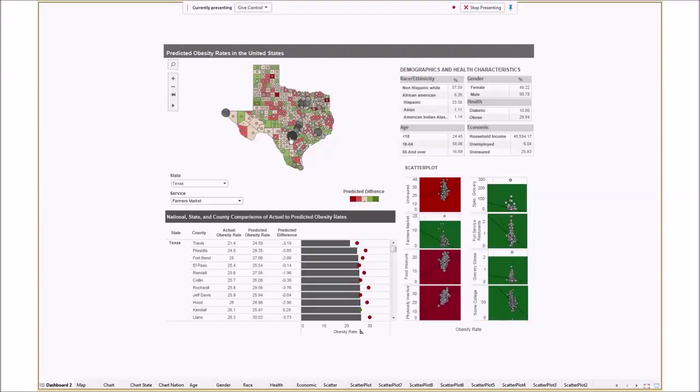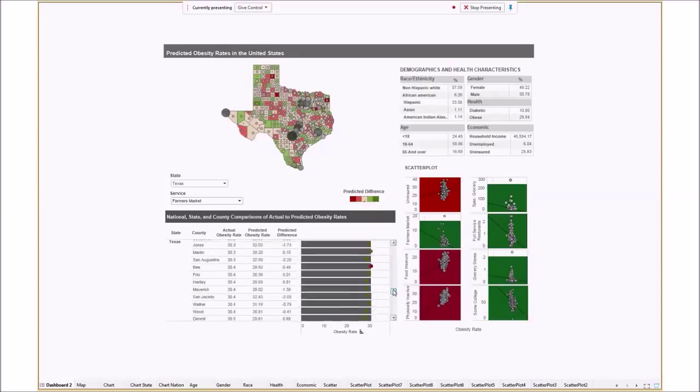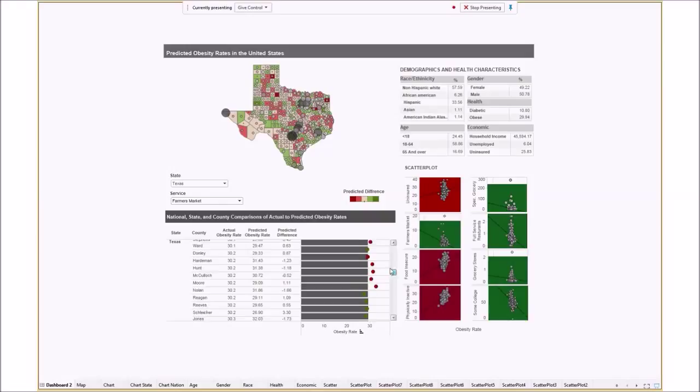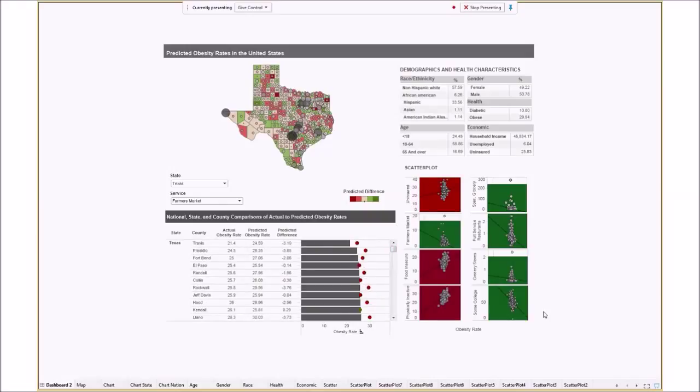This data was collected by the HRSA data warehouse. And right now we have farmers markets plotted, but we can also choose health centers, among others. And then we can look at the state's demographics, the county rankings, and then the scatter plots for the state.